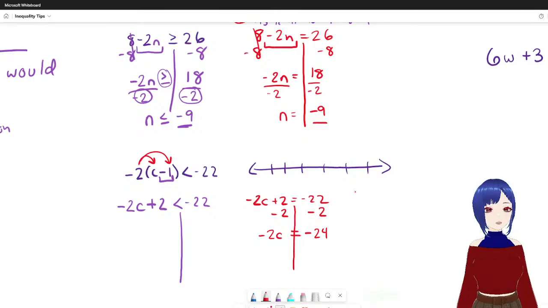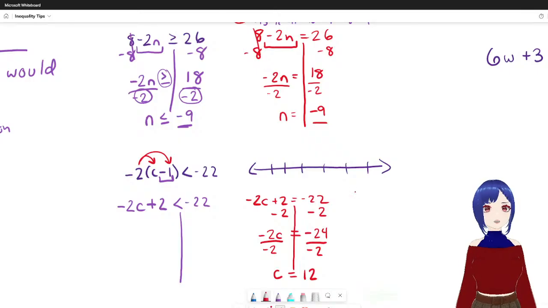I have found that thinking about it and saying it as more negative has helped a lot of students I've worked with in the past get the hang of subtracting from negative numbers. And then we're going to divide both sides by -2. And we get that c equals 12. -24 divided by -2 is 12.